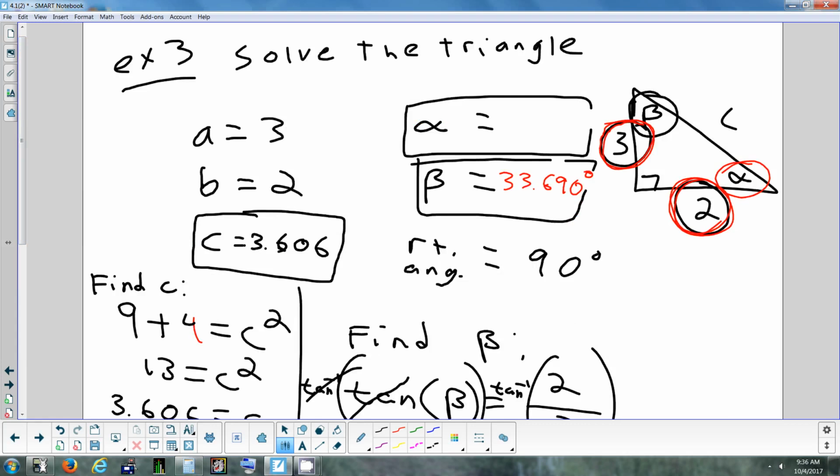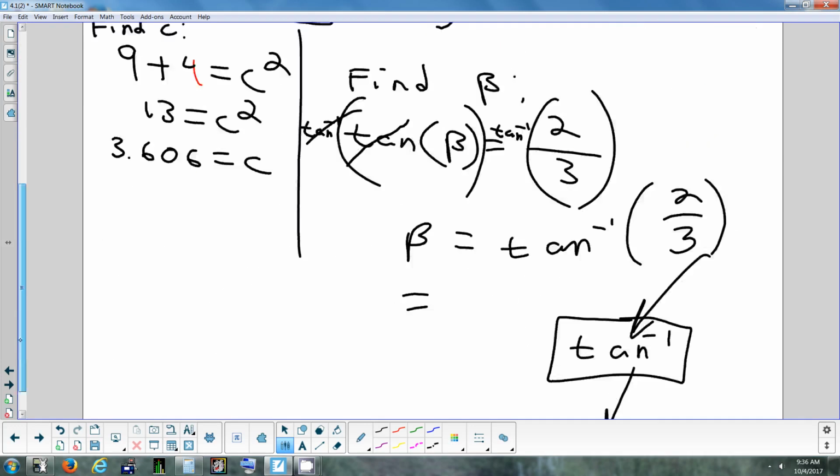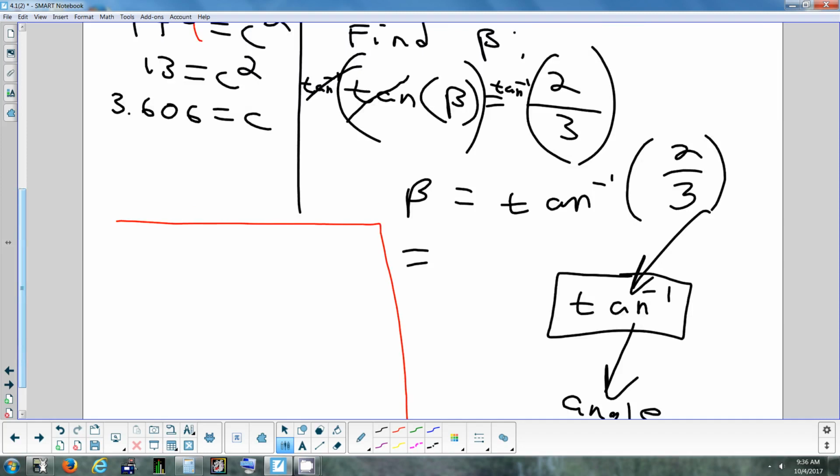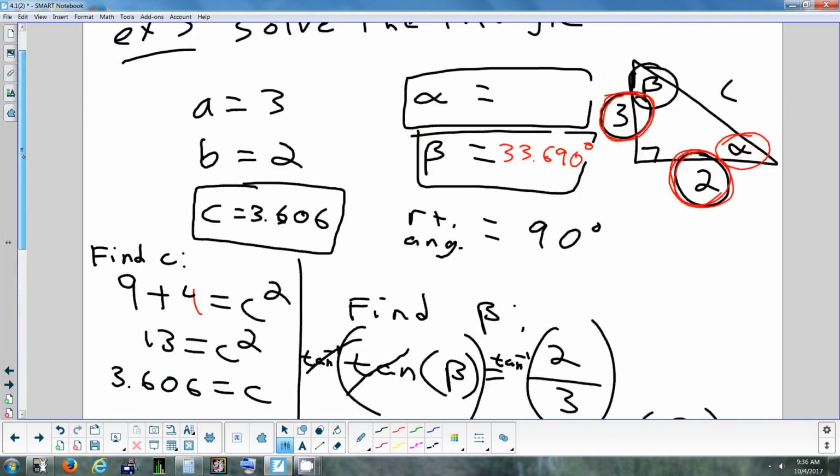Al? It's going to be tangent again. You're like, wait, isn't that going to give us the same answer again? Nope. Watch what happens. So now we'll find alpha. Alex, what's going to be the fraction? Tangent of alpha equals what over what? 3 over 2.